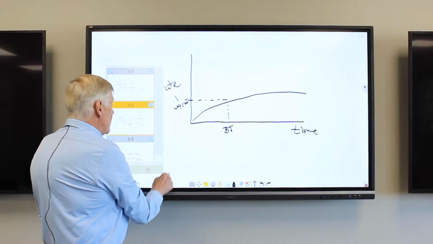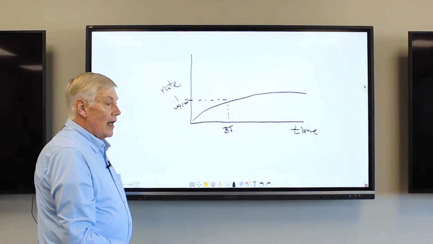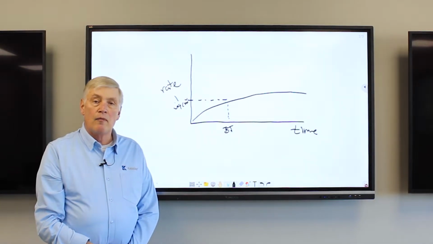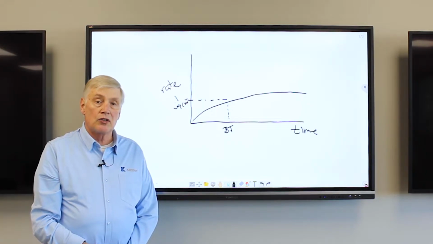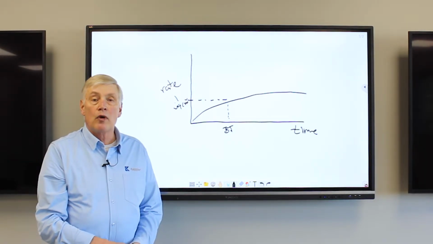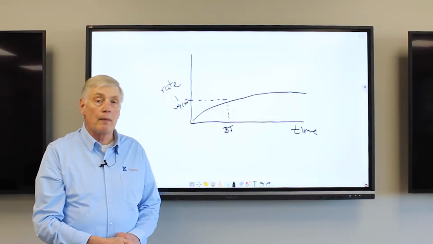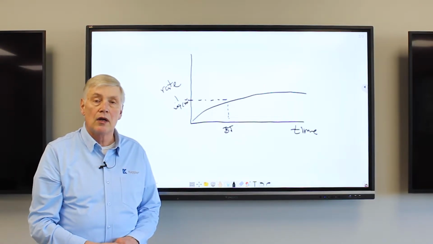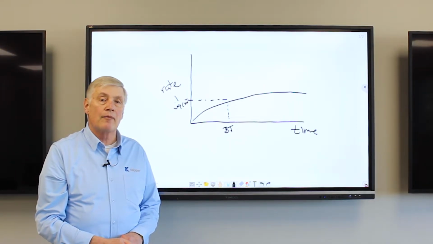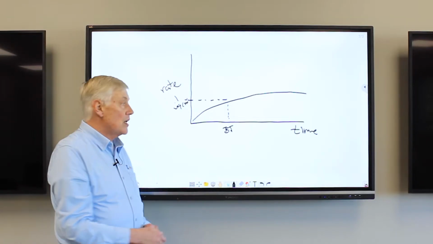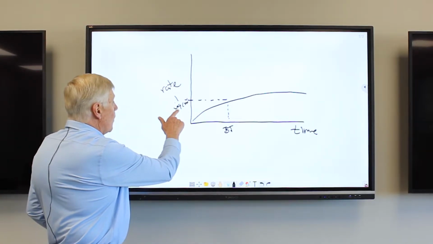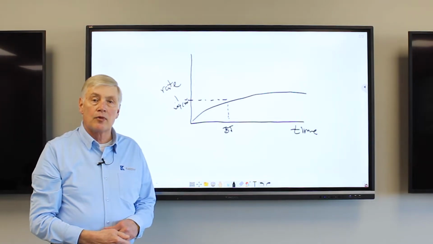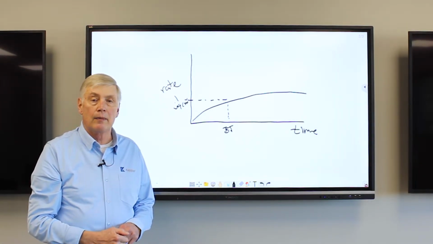And when they made that change, they decided instead of measuring breakthrough at a system detection limit, they would measure breakthrough when the permeation rate reached a prescribed number. And in this case, that number was 0.1 micrograms per square centimeter per minute.